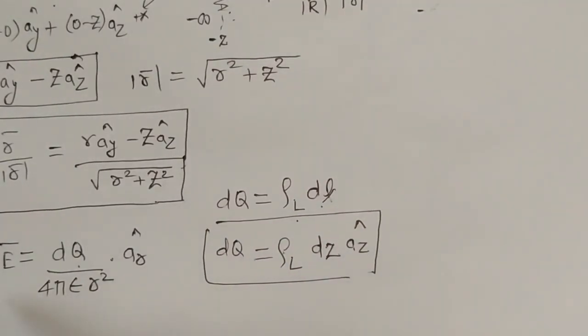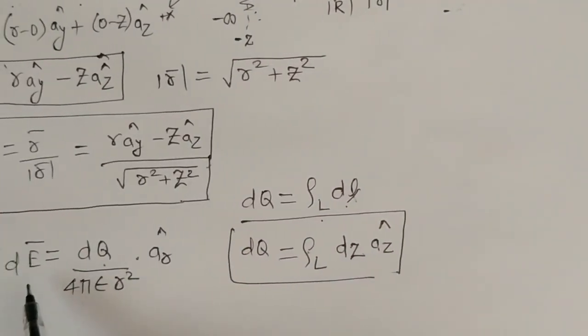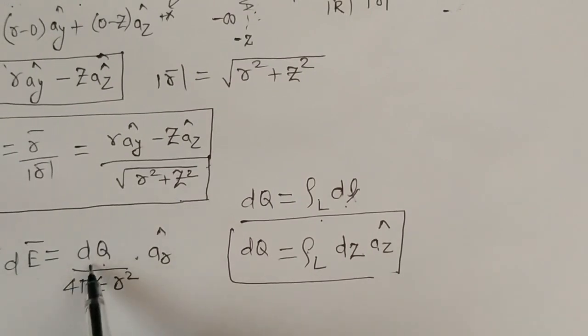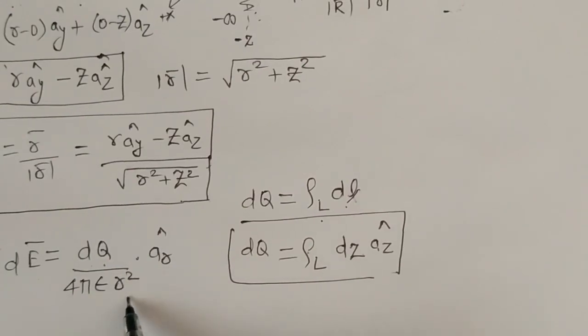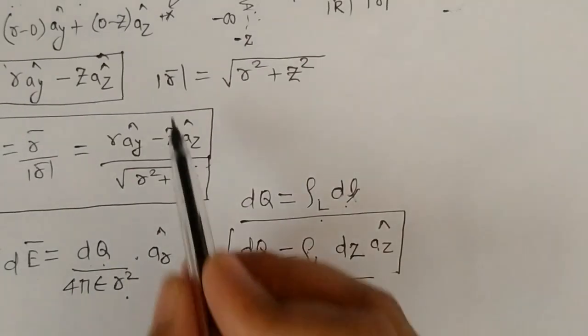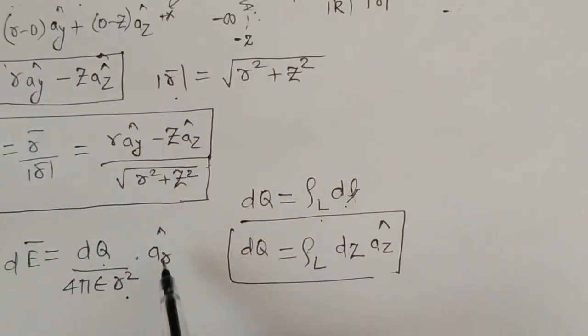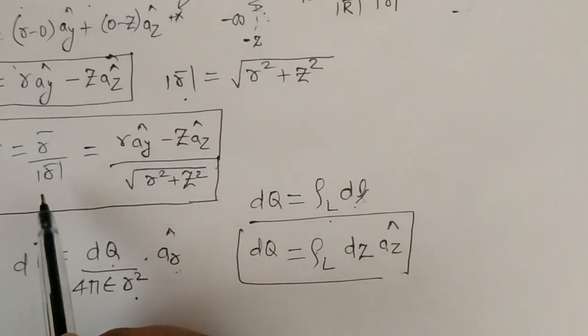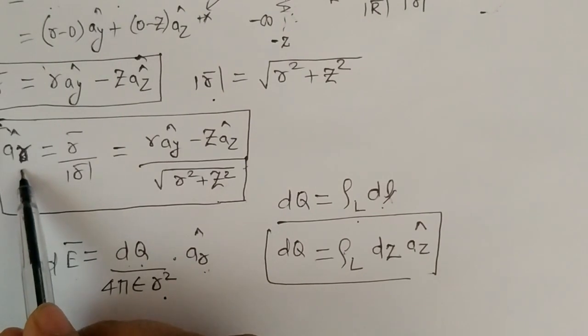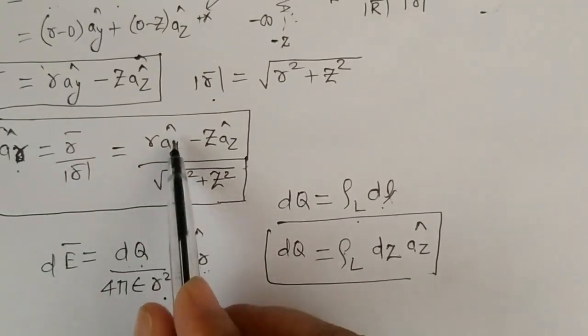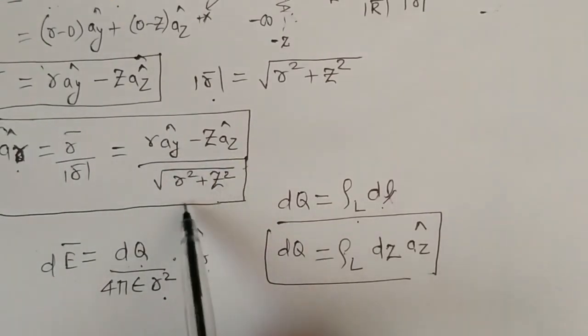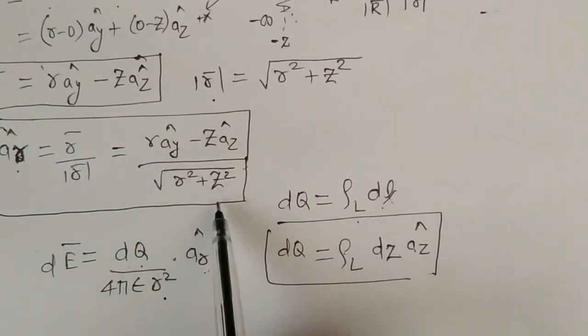Now for calculating this dE bar, we had calculated the value of dQ, then the value of r square from mod of r bar, and we had calculated a_r cap also, which is equal to r a_y cap minus z a_z cap divided by square root of r square plus z square.